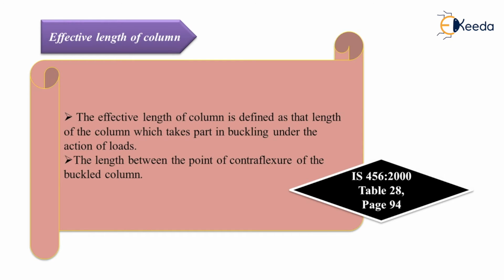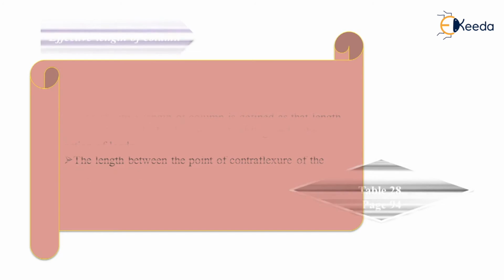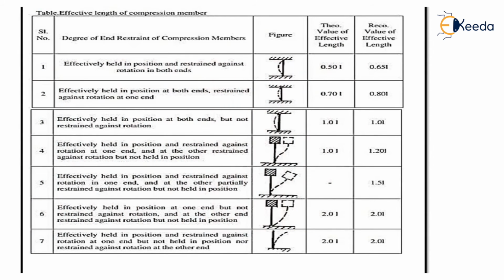Hence, from table number 28 of IS 456, which is given on page number 94, the effective length of column is given. Here you can see this chart. Here the different degrees of end restraint of compression member are given, and according to that, the IS code recommends the value of effective length. For example, the first is effectively held in position and restrained against rotation at both ends.